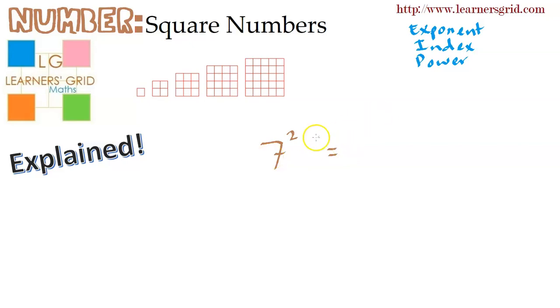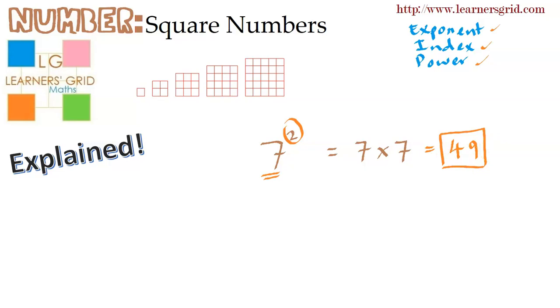Okay, so 7 squared means 7 times 7. This power or index or exponent here tells me how many times I multiply this number. So in this case, I should have 2 7s. They multiply by each other, and that equals 49, and 49 is a square number.